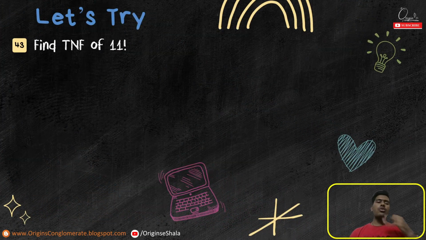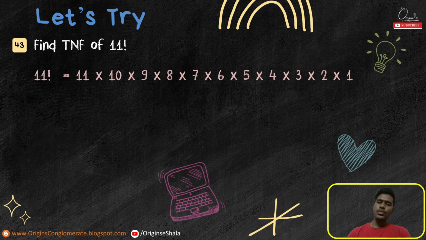Let's say I have to find TNF, that is the total number of factors, for 11 factorial. Previously we were directly working for TNF of numbers. Now we are talking about factorials. So let's take it the long way for the first time so you can get a basic feeling of how it's happening. Now 11 factorial, we all know it's 11 multiplied with 10, multiplied all the way in reverse natural numbers till 1.